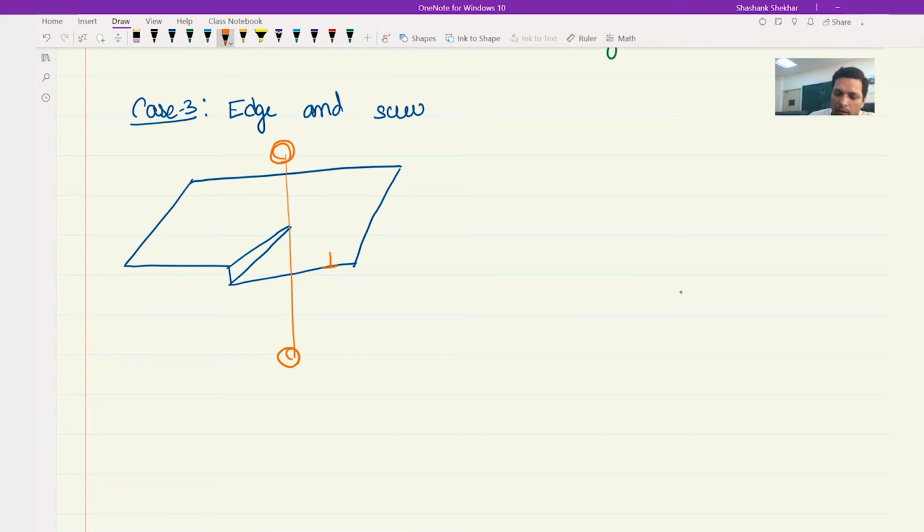And let's say this is an edge dislocation like this. So this has the Burgers vector, of course, like this. So I will name this B1E, and the screw must have its Burgers vector along the line direction. So it is B2S.